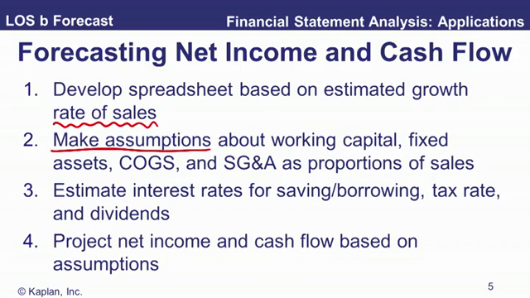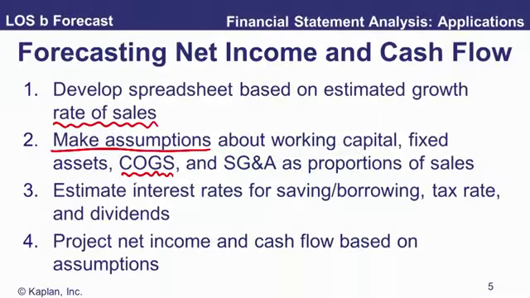What is the level of working capital as a percentage of sales? What is fixed asset additions as a percentage of sales? What percentage of sales is cost of goods sold? What percentage of sales are sales, general and admin? Again, remember, if we're doing this, we're assuming that these ratios are relatively constant over time.